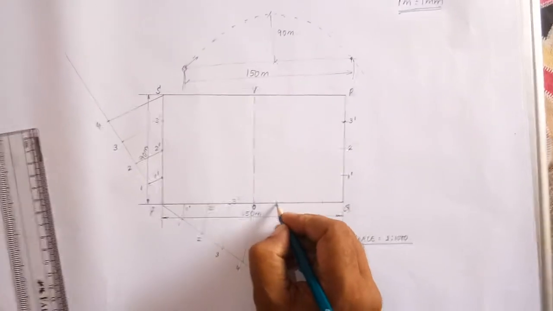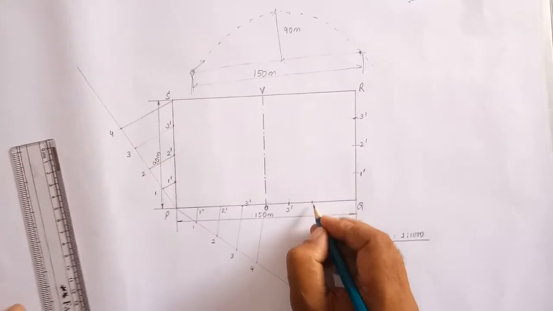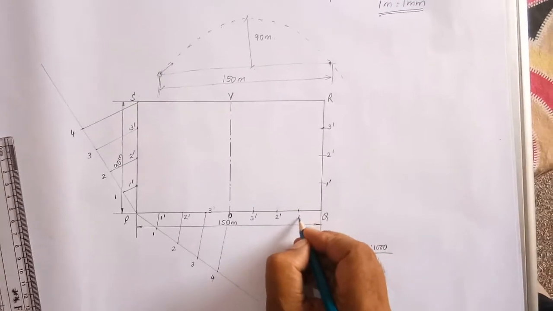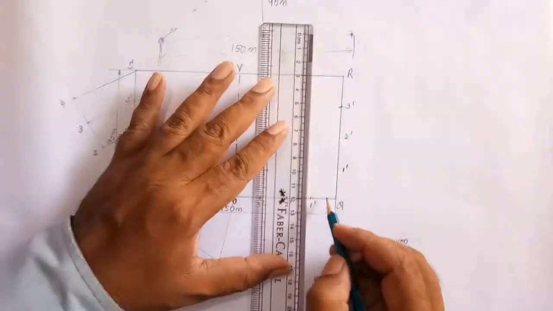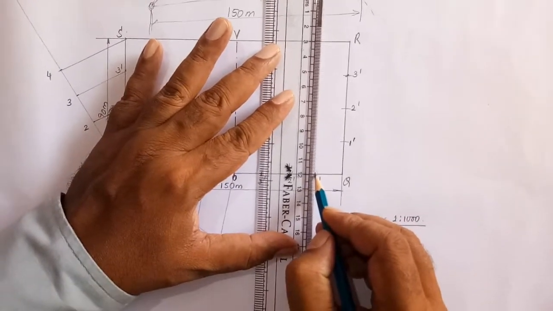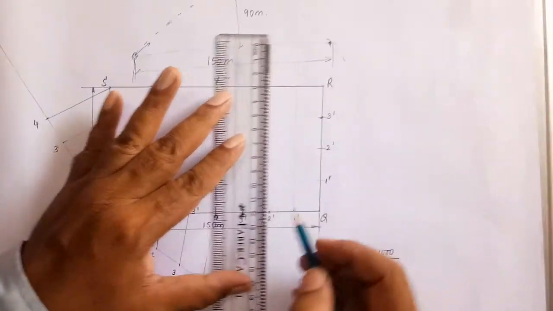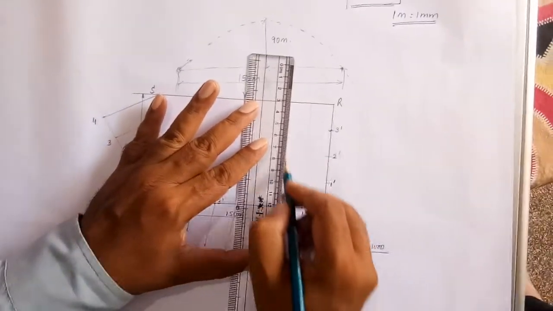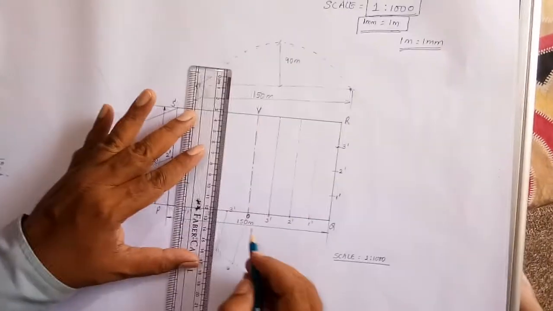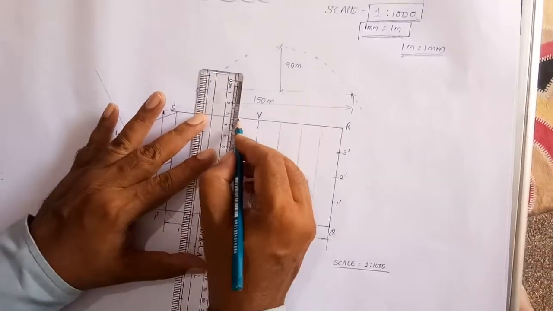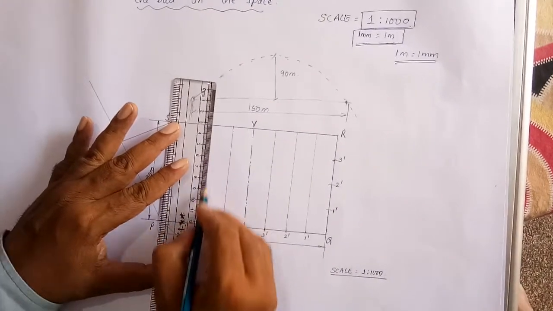Once again call this as 3 dash, 2 dash, 1 dash. Then as I mentioned earlier, since it is a rectangle, draw vertical lines. Line should be thin, don't make this dark. Similarly, this side also draw vertical lines.